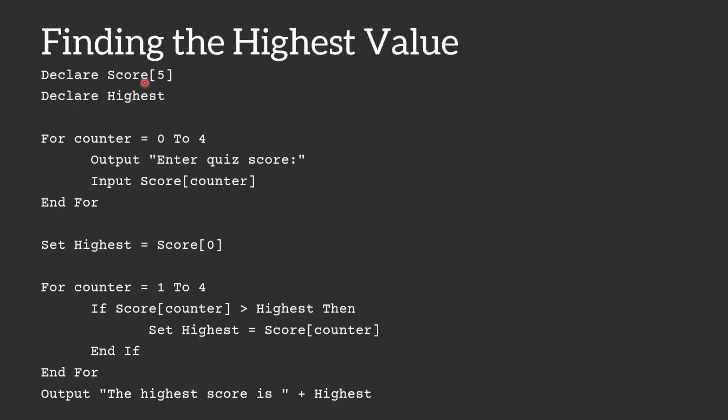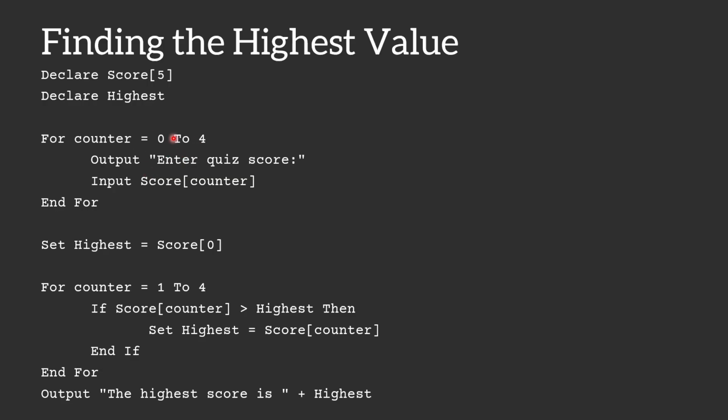Think of it like this: score 0, score 1, score 2, and so on. The highest is a single variable that will eventually hold the highest value found in the array. Next, we're getting the input from the user.